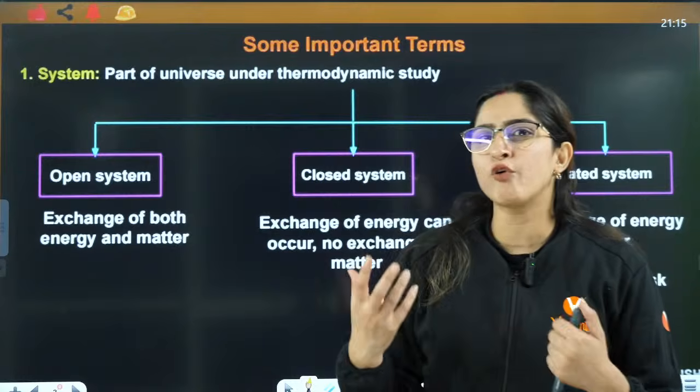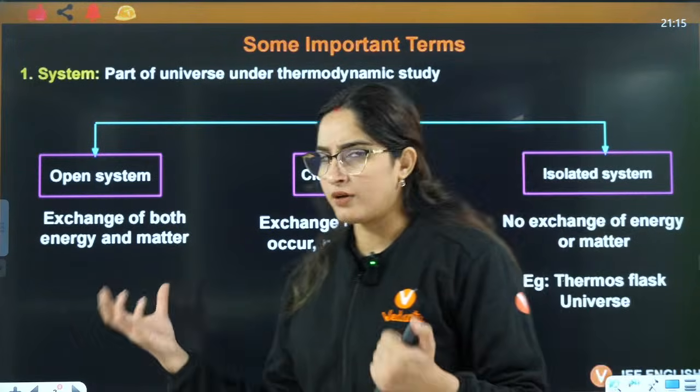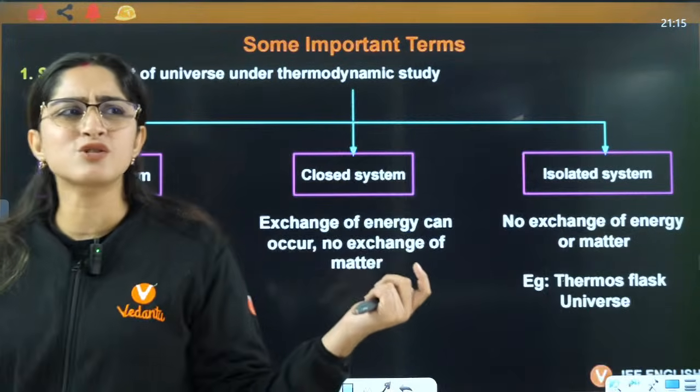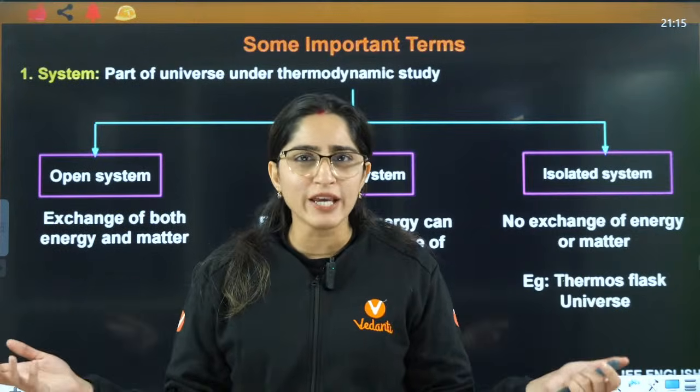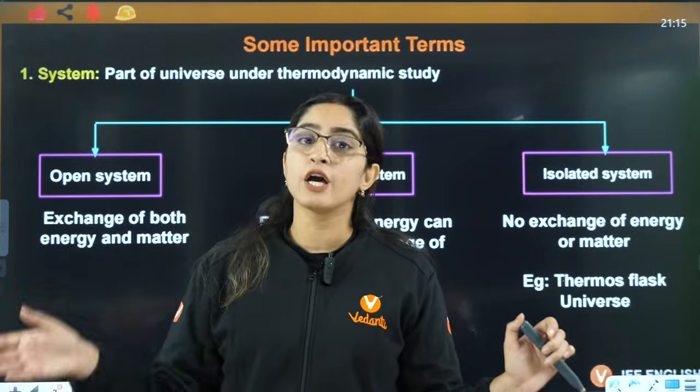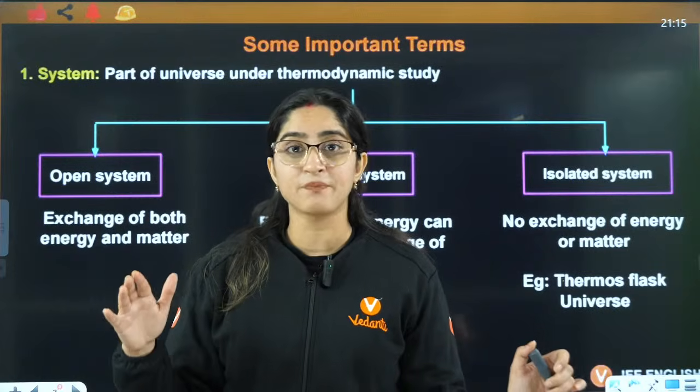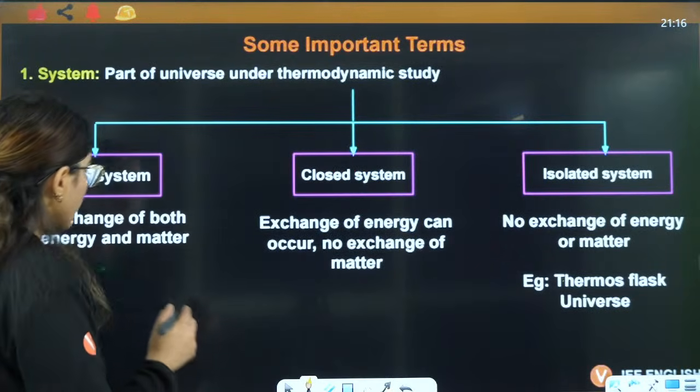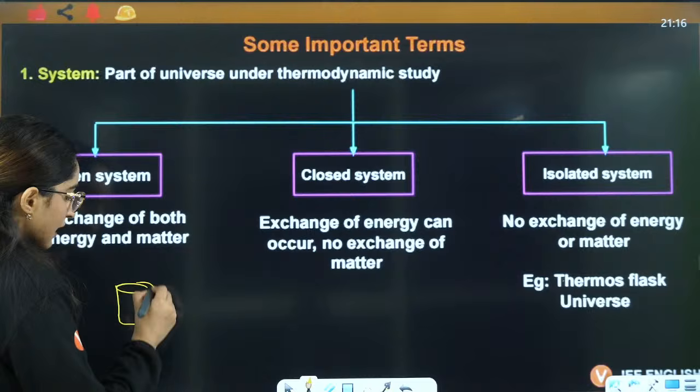What kind of open system? You have a glass of tea or coffee, whatsoever you like, right? It is not covered, right? So what is happening when you have a glass of tea that is not covered?